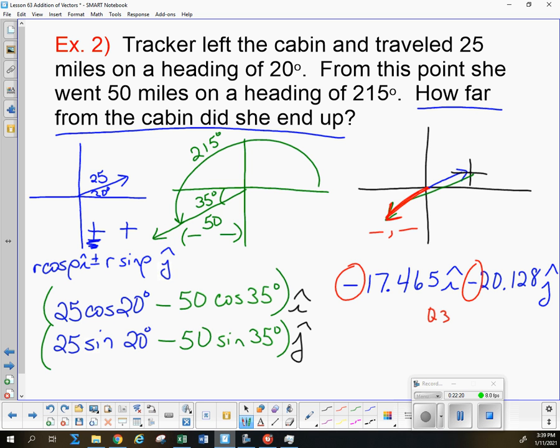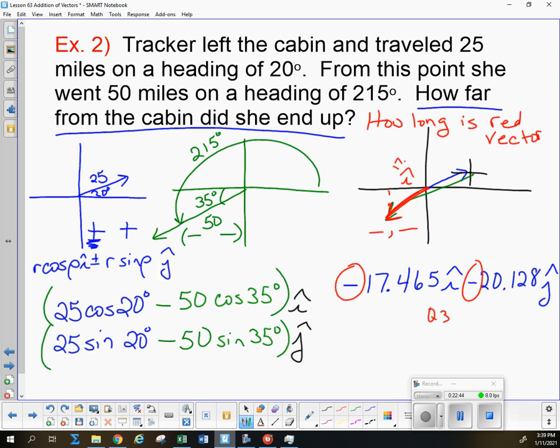Now what this question asks is, how long is that red arrow? I know the blue one was 25 and the green one was 50, but how long is the red one? Well, if I did my little right triangle here, this is my final i hat.